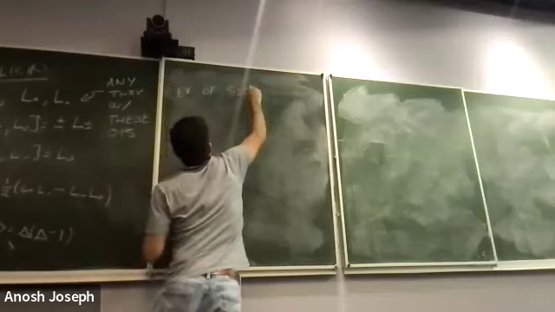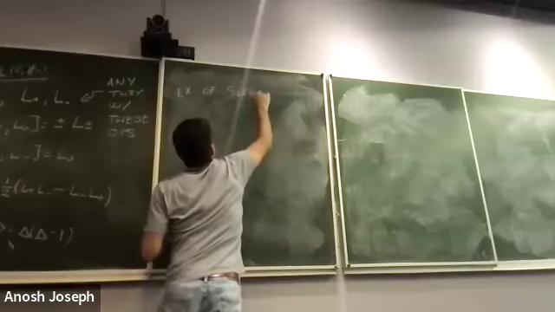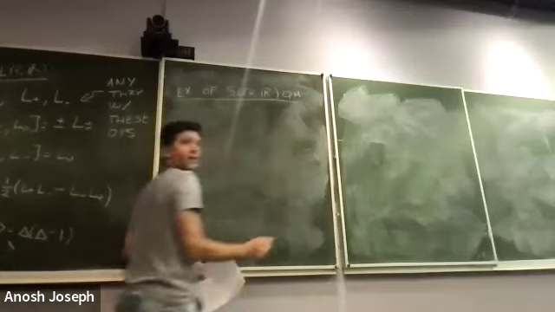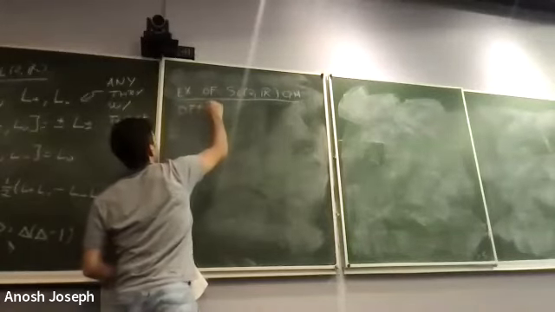If you want to learn about SL2R, one of the nice examples is something called the de Alfaro-Fubini-Furlan model. Have you ever heard of this? No? It's called the DFF model.